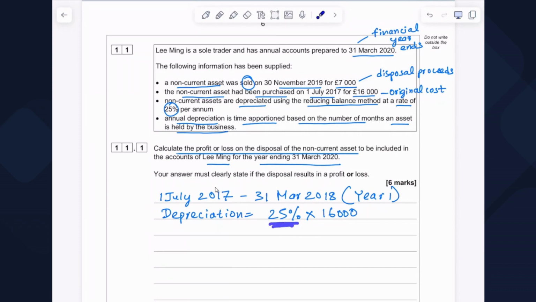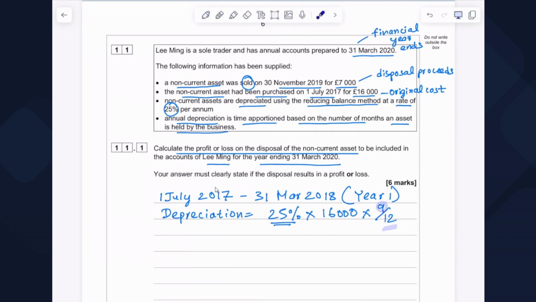This 25% that we have been provided as the rate is an annual rate. As you can see, it's written here, 25% per annum. But in the first year, we know that this asset was used for 9 months out of the total of 12 months that we get in a financial year. Therefore, what we have to do in this case is to adjust it in such a way that this rate of 25% is valid for 9 months out of 12.